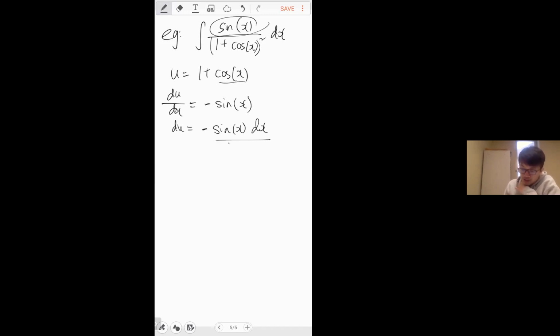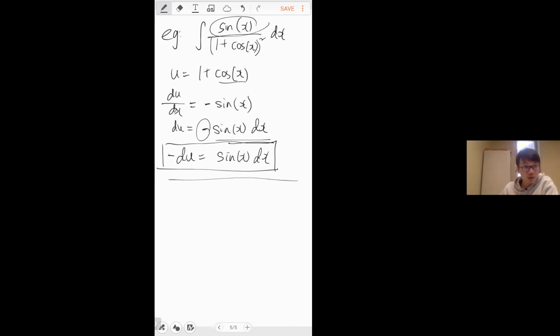Now, sine of x dx shows up in the integral. So multiply both sides by the negative. So negative du equals sine of x dx. That's something that I need to use later. So far, any questions?